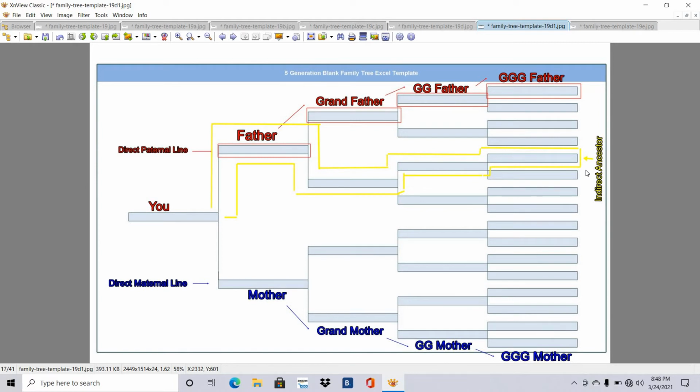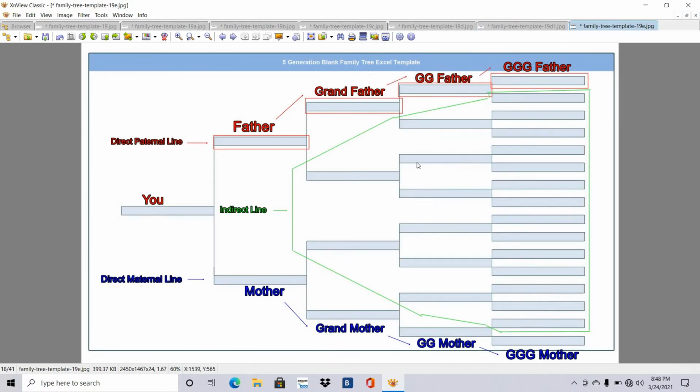Still an ancestor, but it's not in the direct lines. It's not in the direct paternal line, and it's not in the direct maternal line. The stuff in between here is indirect. It's that plain and simple.